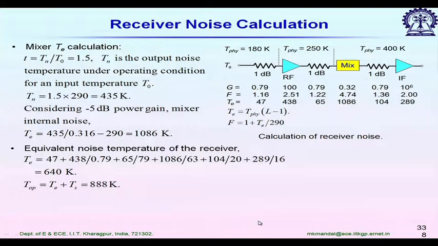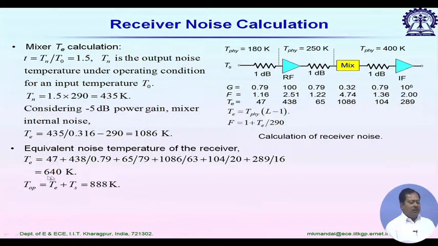So using the equivalent noise temperature approach, we just put the values. The first element is giving 47 plus 438 divided by GA1, which is 0.79, and you continue. So the equivalent noise temperature comes to 640 Kelvin.